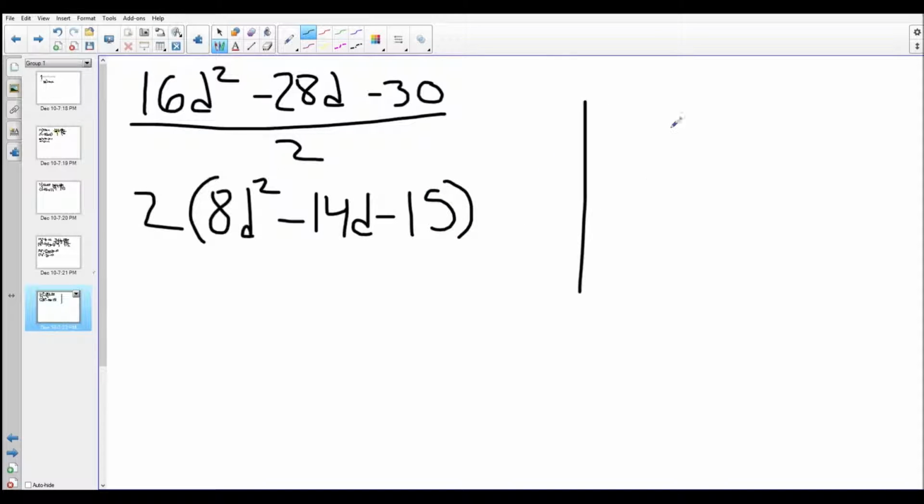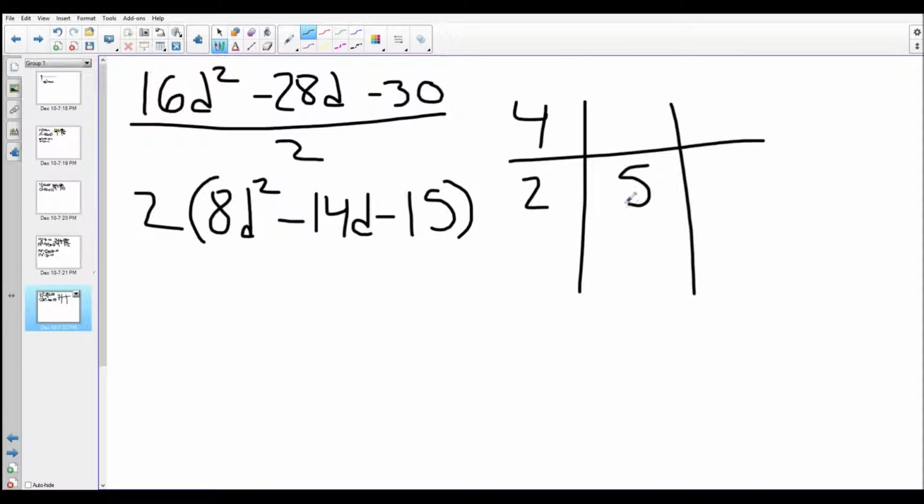Now we can take out our chart again. We can try 4 and 2. So now two numbers that multiply to 15. So you can try 5 and 3. We get 20 here, and then we get 6. So we need to get to -14.